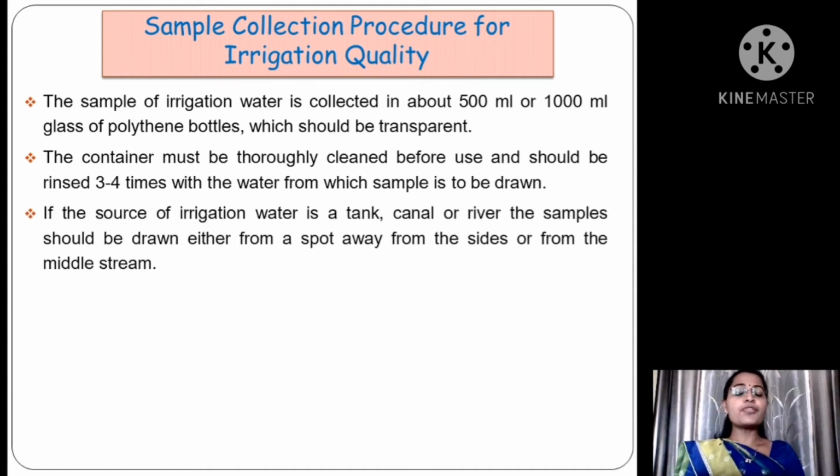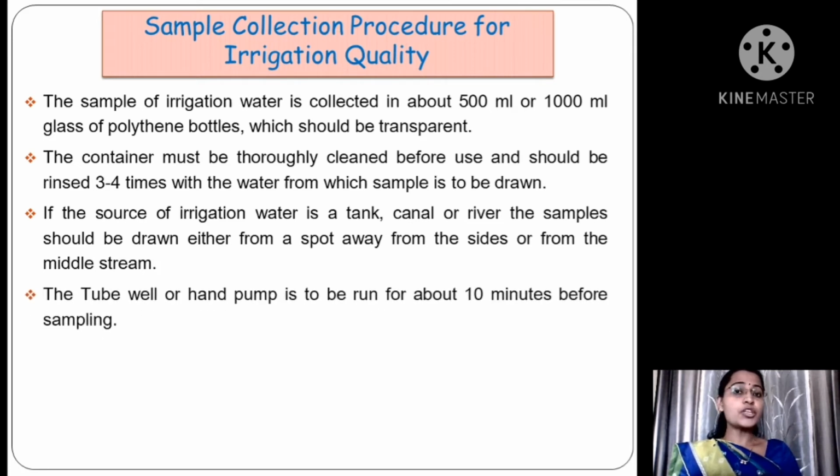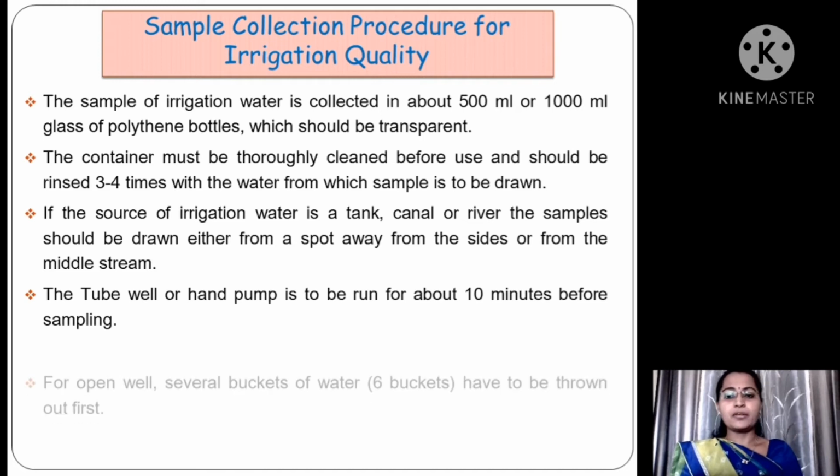If the source of irrigation water is a tank, canal or river, the samples should be drawn either from a spot away from the sides or from the middle stream. The tube well or hand pump is to be run for about 10 minutes and then we collect the sample.